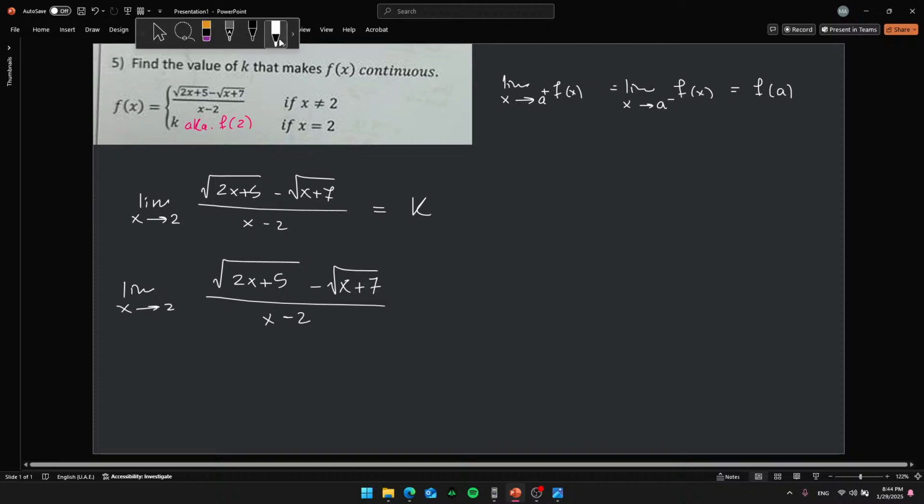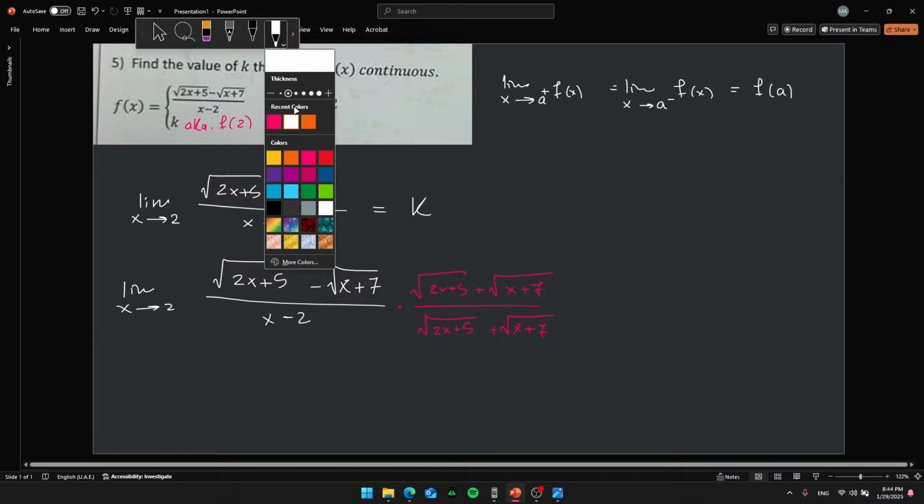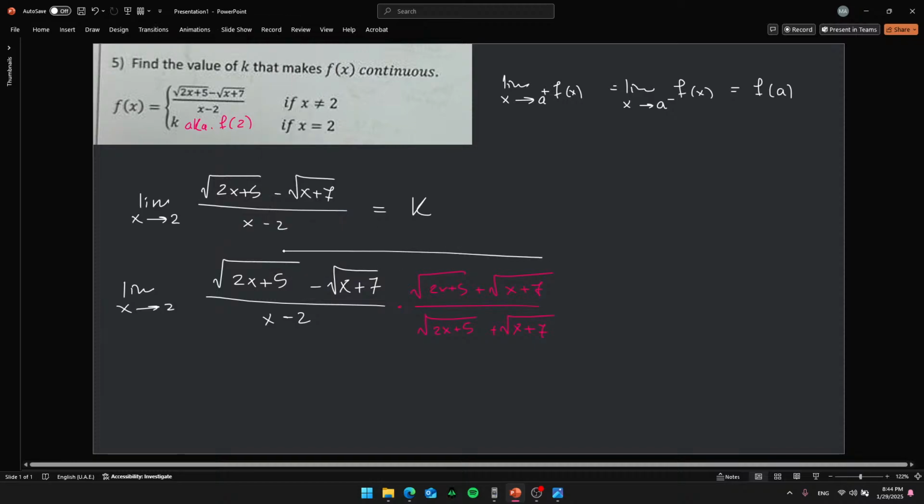So let's multiply by the conjugate of the numerator: square root of 2x plus 5 plus, just switch the sign between the radicals, square root of x plus 7, and multiply the numerator and the denominator. Don't forget to multiply the denominator also.